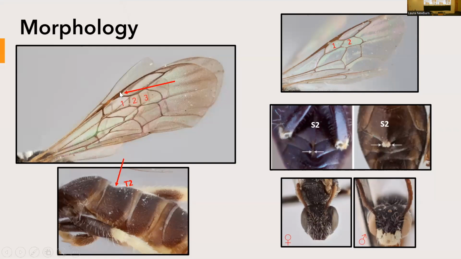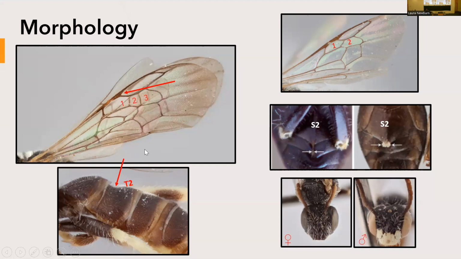In Liphanthus, the stigma is narrow, and the portion inside the marginal cell is concave or flat as opposed to convex. Another feature is the postgradular area of tergum 2, which is very deep in Liphanthus and shallow in other terga.